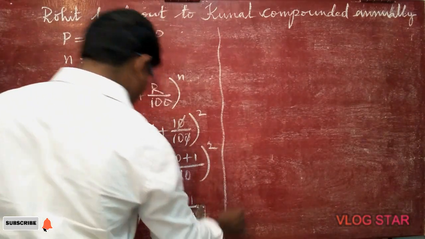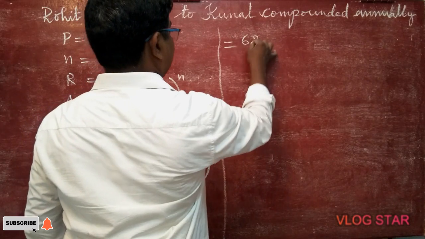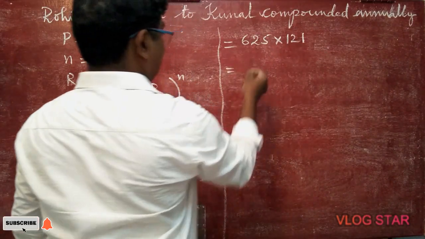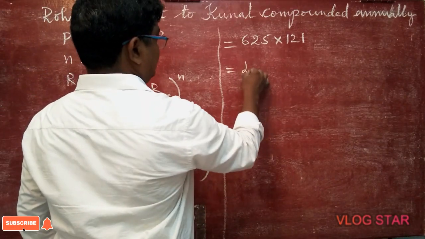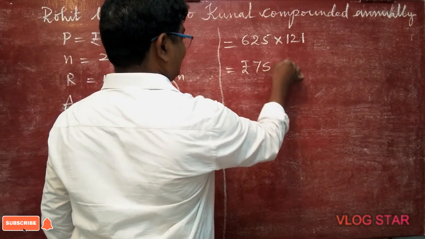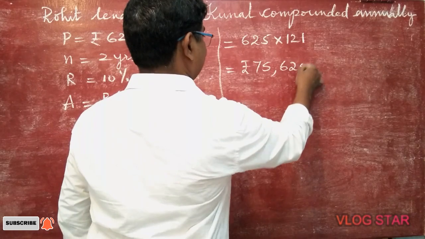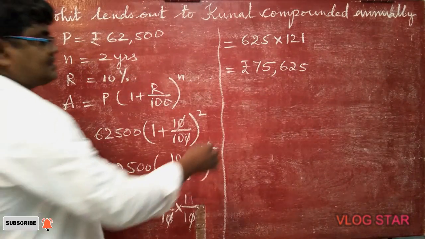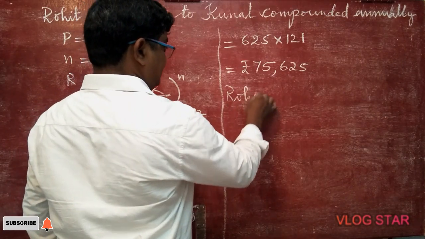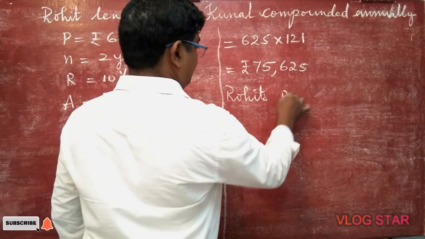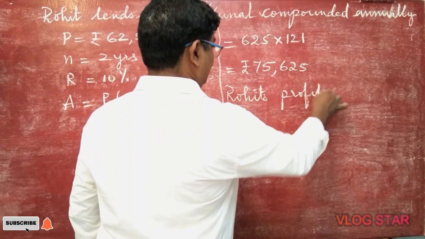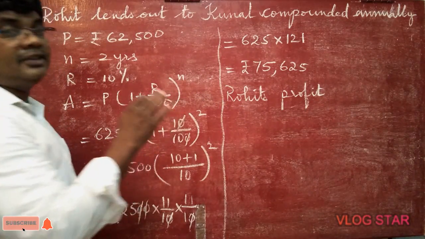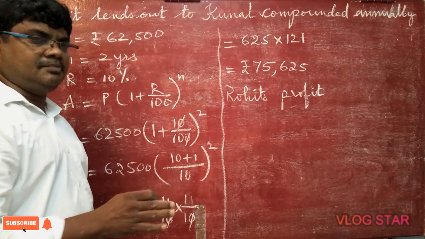Now the answer: 625 into 11 11s are 121. Multiply, you will get rupees 75,625. Now they are asking Rohit's profit. How much should Rohit give to Arun? 75,000, from the simple interest we got earlier.